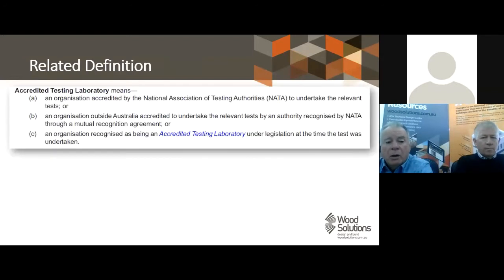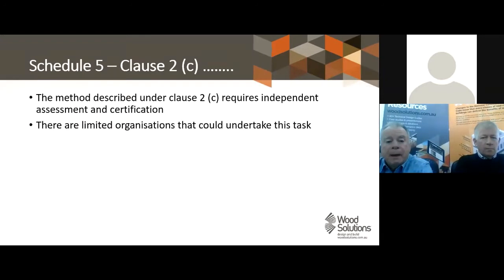There's a definition of accredited testing laboratory. I won't go into that. The method described under subclause 2C requires independent assessment and certification, and there are a limited number of accredited testing authorities that can undertake this task.